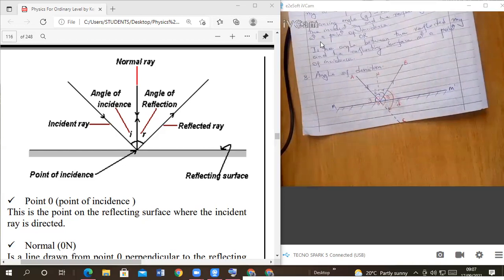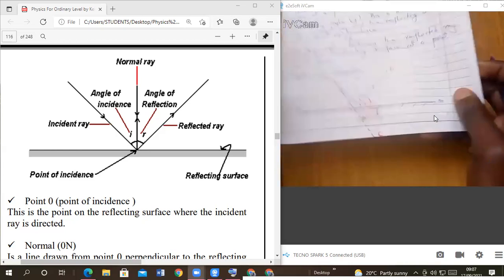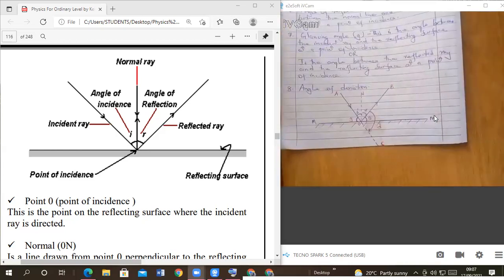Are we together, members? Yes. Good. So now let's define angle of deviation.